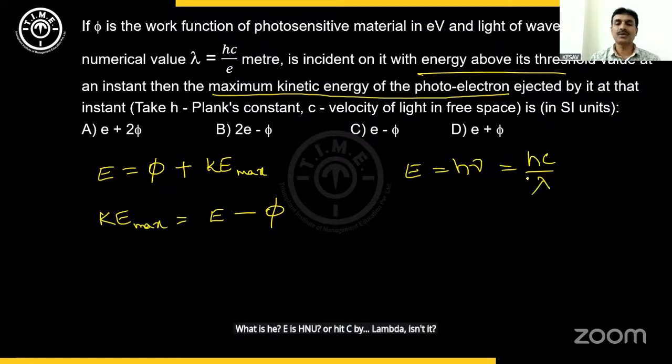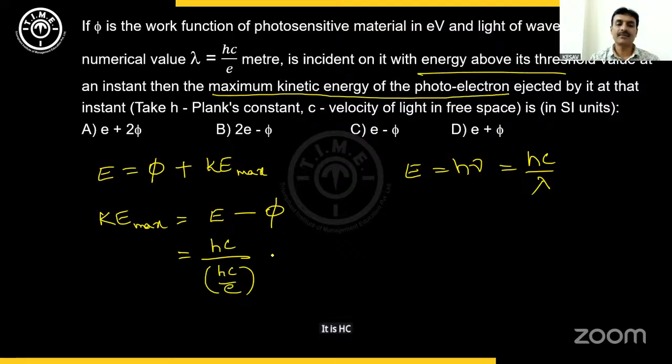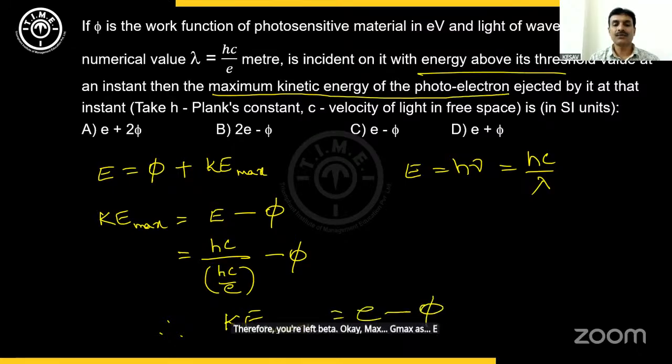So substitute hc by lambda here. Hc by, what is lambda given? It is Hc by E minus phi. See, Hc and Hc gets cancelled. This E goes to the numerator. Therefore, you are left with the Ke max as E minus phi. E minus phi is the correct answer for this question.